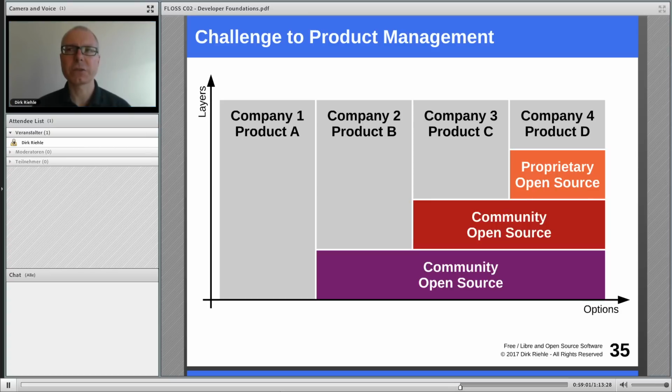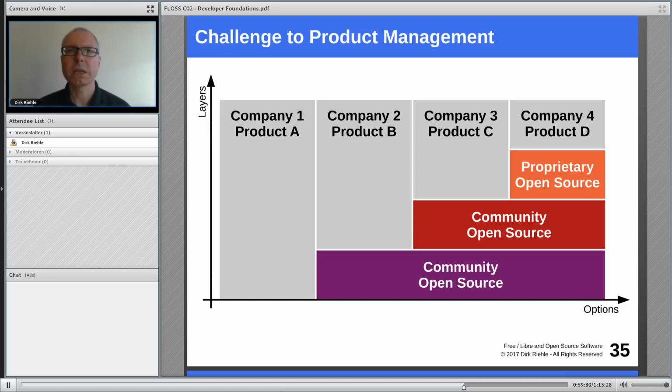A product manager has to decide. But often this is left to developers, and developers tend to do what's technically right, and sometimes that means putting competitively differentiating features into the main community open source code base, so that what could have been competitively differentiating is no longer competitively differentiating.